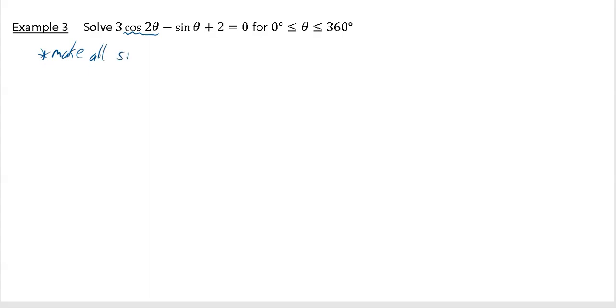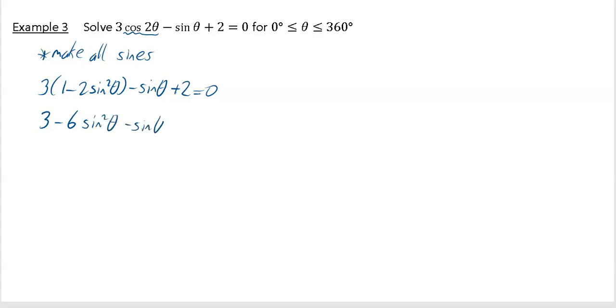We'll put a wee asterisk and say, make all sines, S-I-N-E-S. So then they're all in terms of sine, so it's going to be 3 upon 1 minus 2 sine squared theta, minus sine theta plus 2 is equal to 0, which is going to be 3 minus 6 sine squared theta minus sine theta plus 2 is equal to 0.